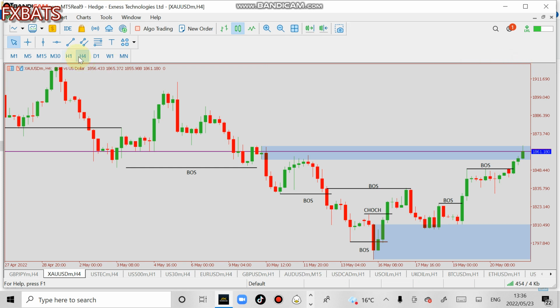Since we are on a bearish trend, this bullishness will be, to me, a fake move. So I wouldn't buy. I would wait for the market to pull back, having grabbed all this internal liquidity, towards the main order block, which I'm expecting to sell from.